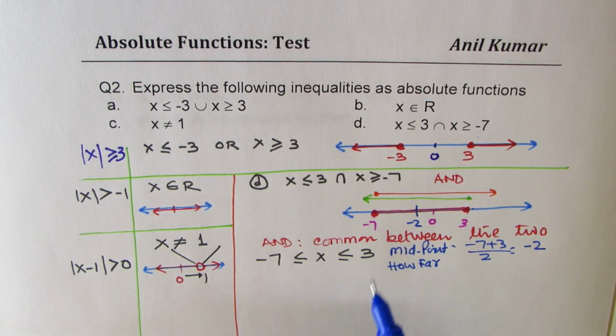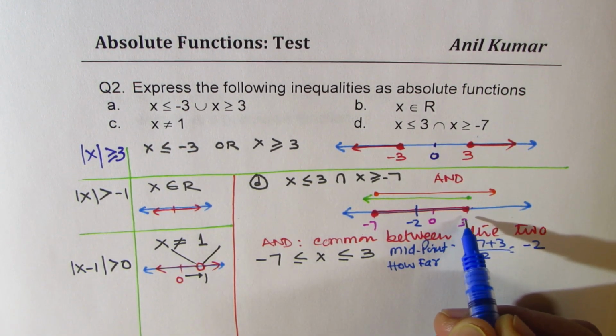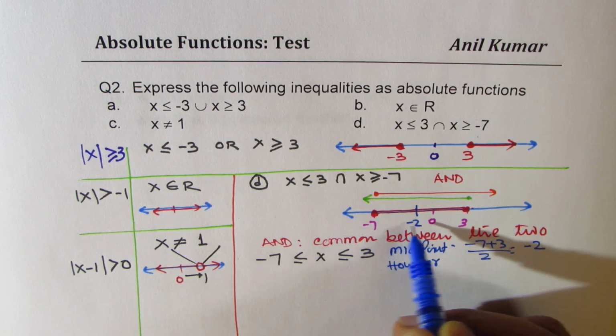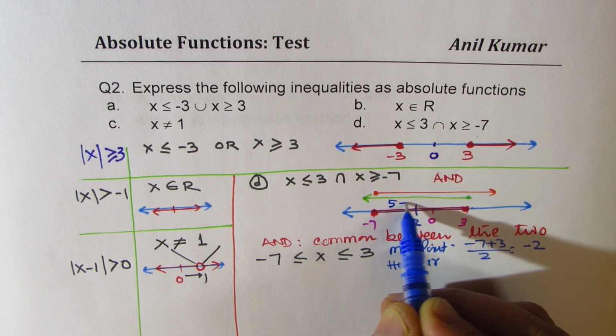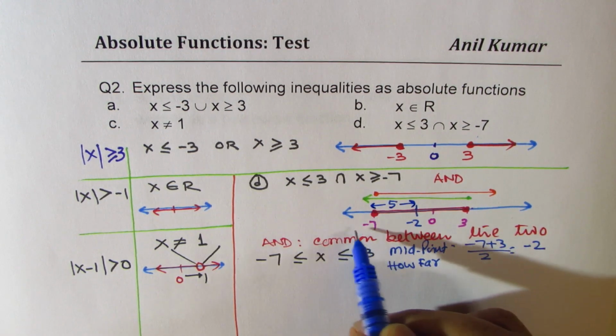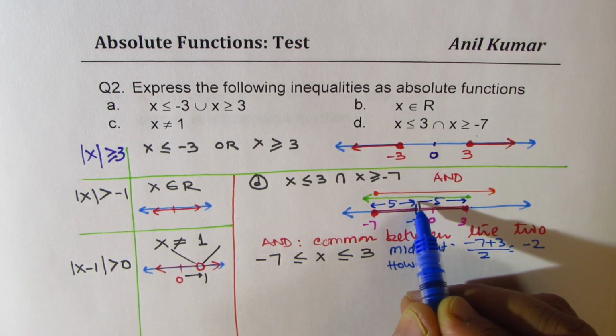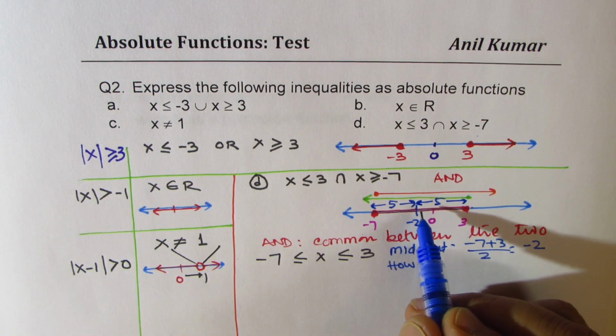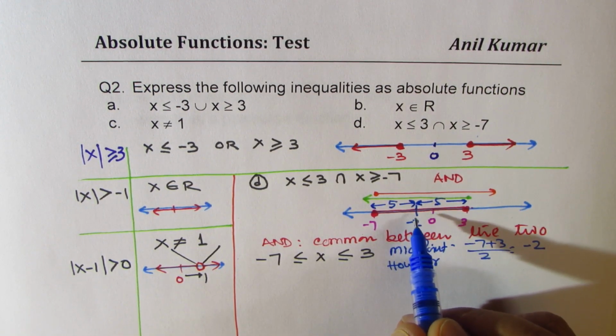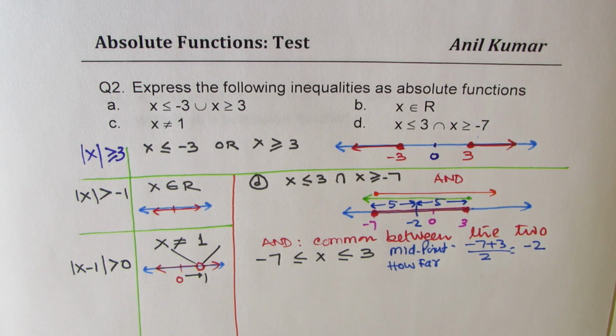These two questions will normally get you the solution for an absolute function. So what we notice here is that from minus 7 to minus 2 it is 5 units, right? From 3 to minus 2 is also 5 units. So it is 5 units away when minus 2 is the center. And therefore you get your solution.